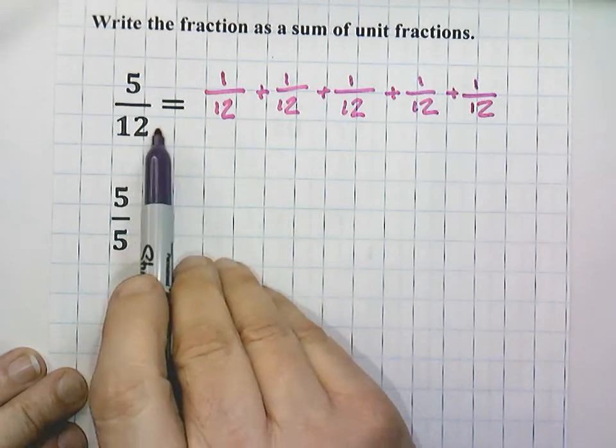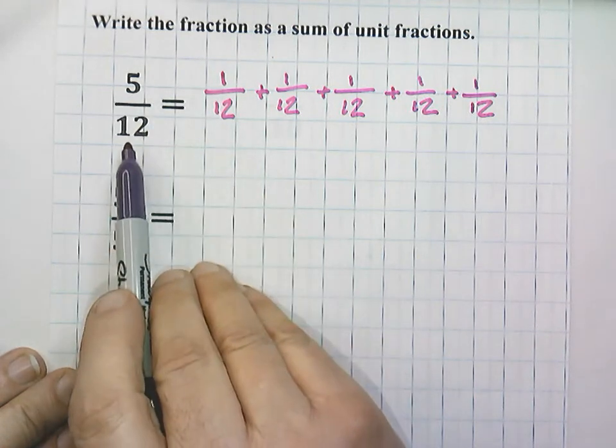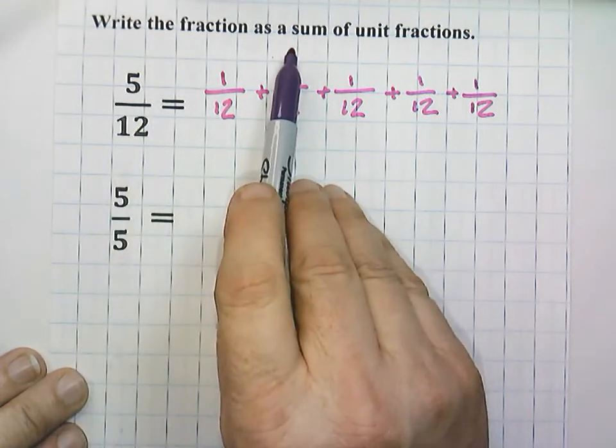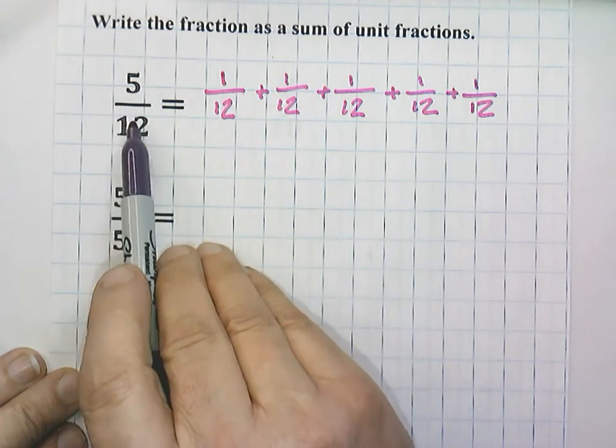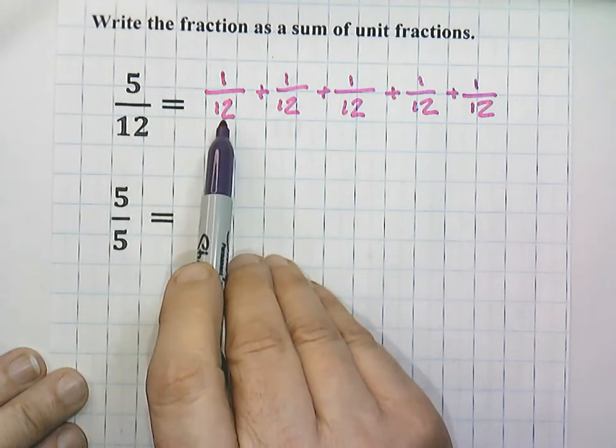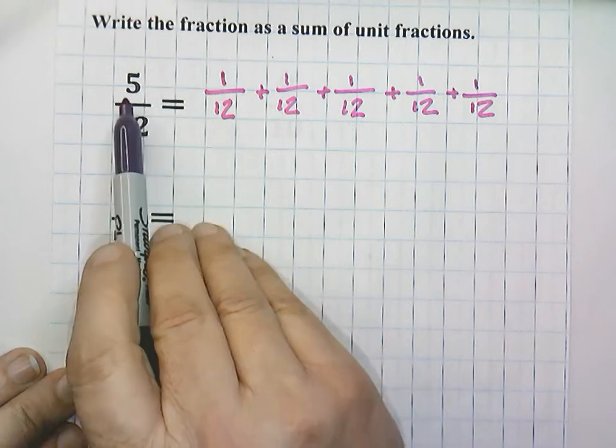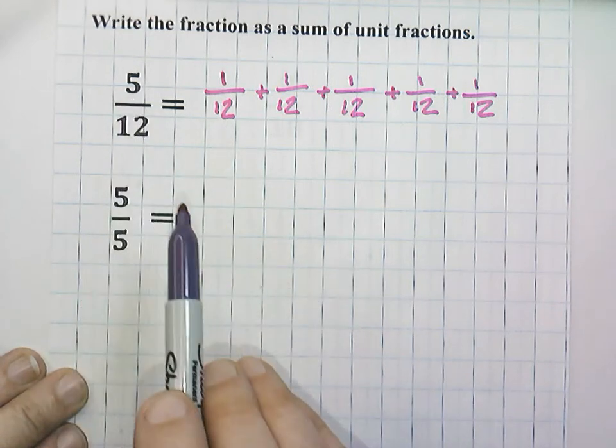So this would be our fraction of 5/12 written as a sum. Remember, sum means when we're adding. So this would be our sum, but we're adding our unit fractions 5 times because of the numerator of 5.